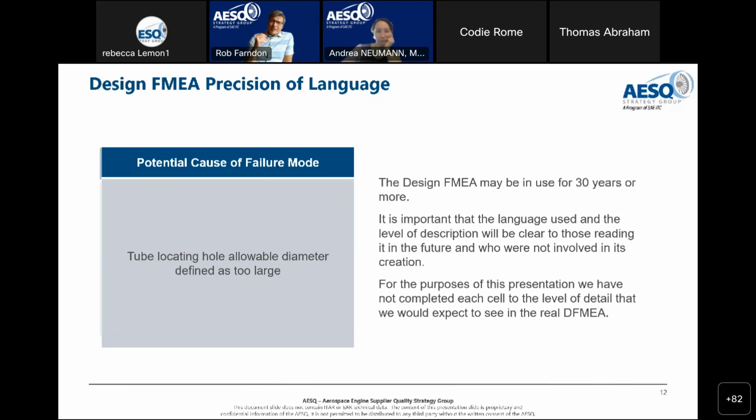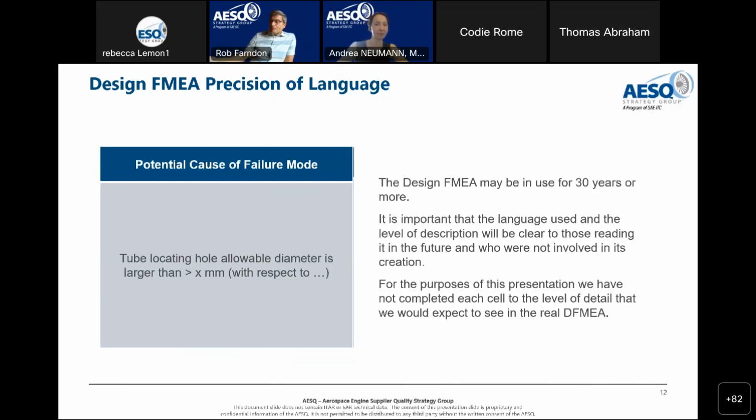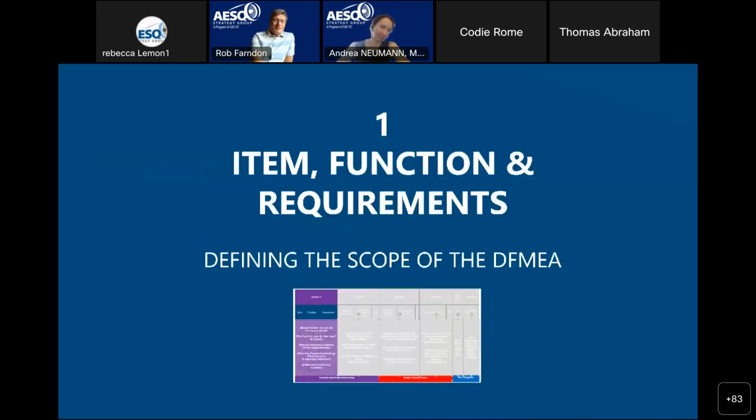What does too large actually mean? Large for what? Is it because it allows an excessive clearance? So, okay. Thank you. If you click on again, please. One more slide, please. Thank you.